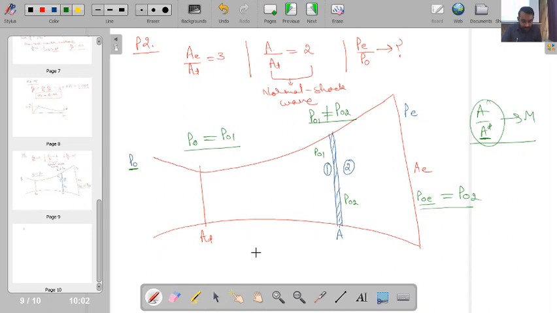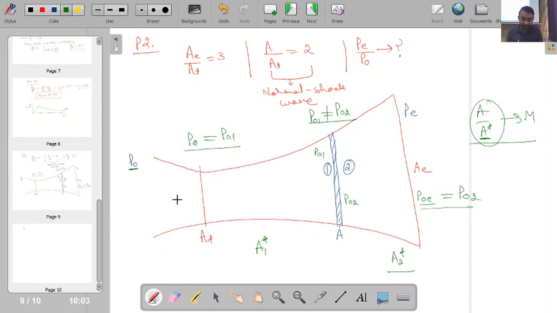Okay, so I will be having some different A1 star on the upstream side and some different A2 star on the downstream side, because this relation on downstream I have to separately apply and on the upstream I have to separately apply. So A1 star at the upstream will be different and A2 star at the downstream will be different. Is this point clear? So all of you are agreeing on this.